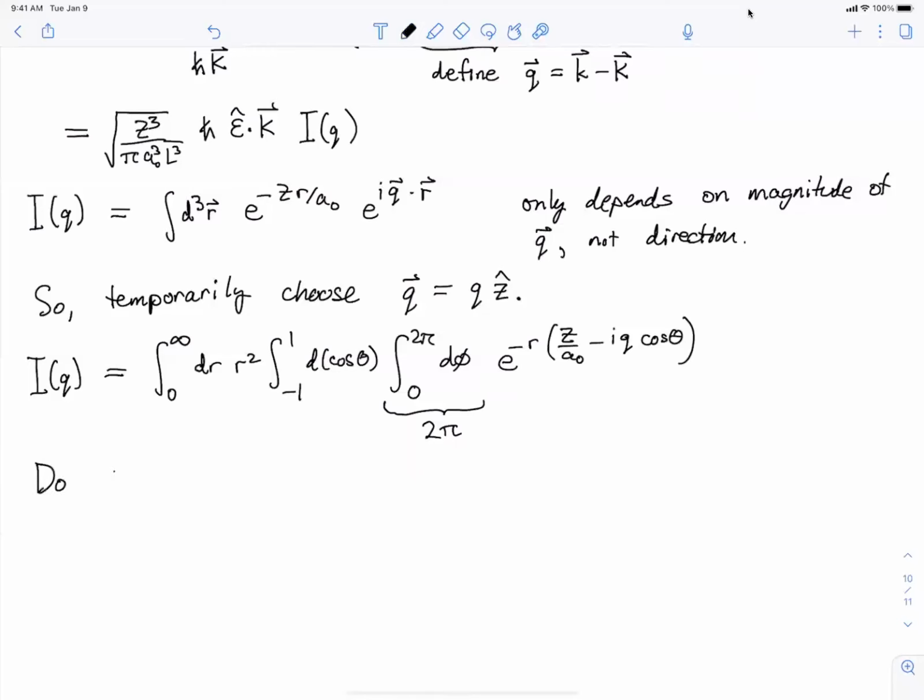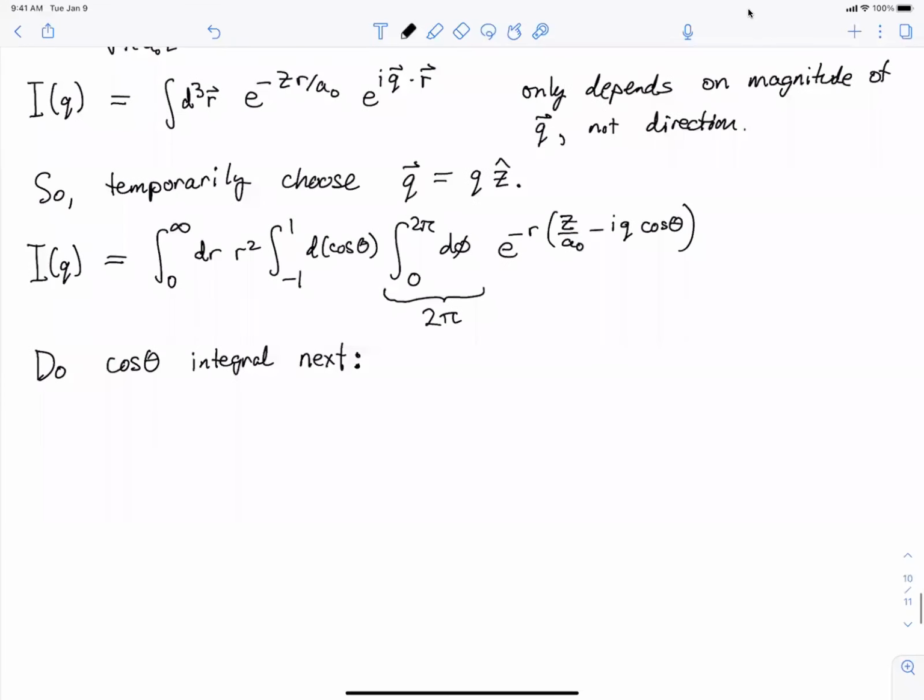Okay, so do cosine theta integral next. And again, that's not too hard because we're doing an integral over cosine theta, and we've got an exponential involving cosine theta. And so when you do it, you get I of q is minus 2 pi i over q.